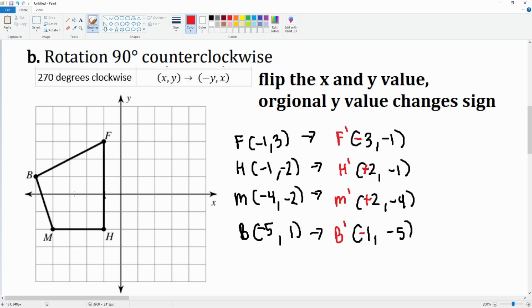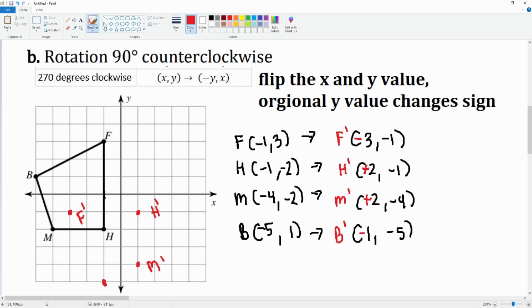So this is F prime. H, it is +2, comma -1. So this is H prime. M, which is +2, -4, M prime. And B prime, it is -1, -5.